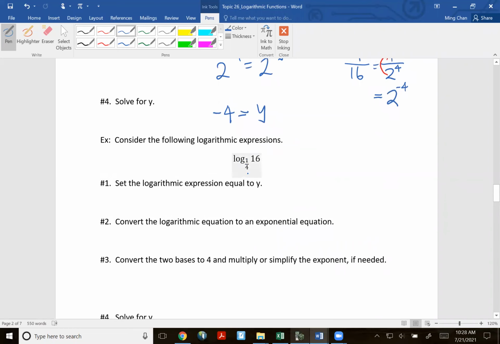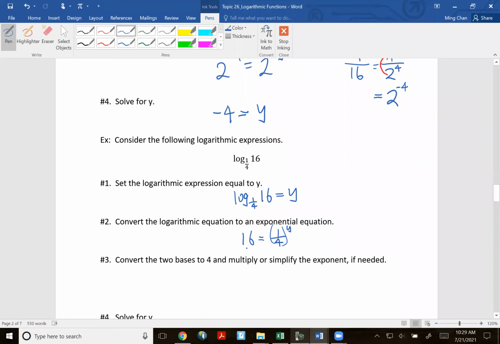This is base 1/4 of 16. I'm going to set it equal to another variable. Move the base to the other side. So that should be 16 equal to 1/4 to the y power. I can put a parenthesis here if I want to, but you know what I mean. I want to convert the two bases into a 4.